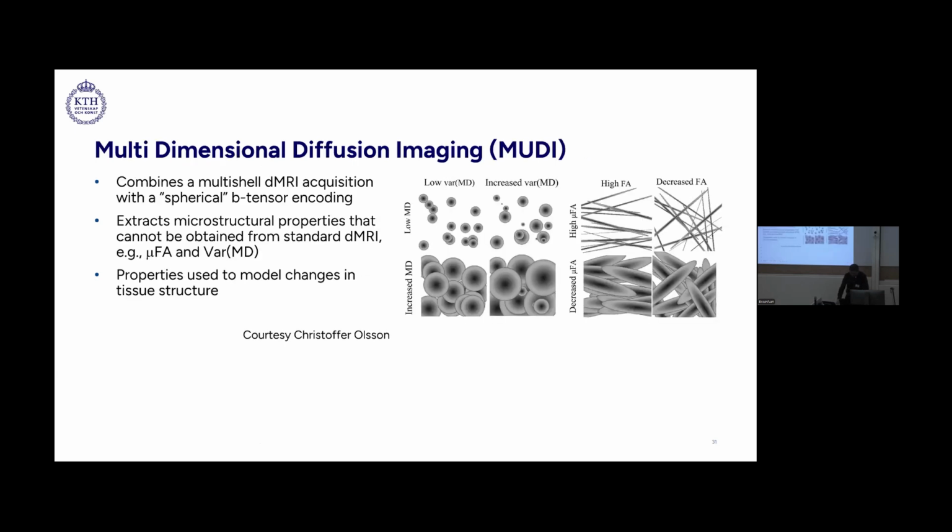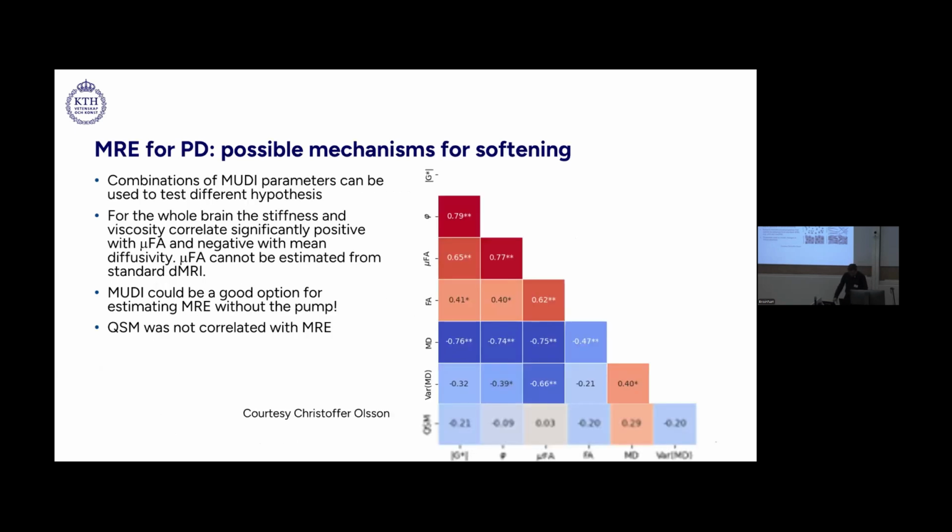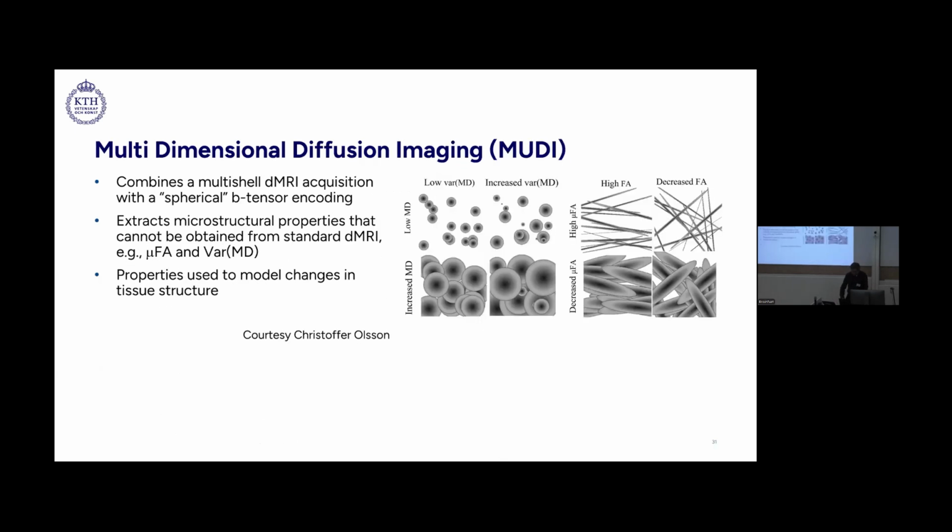Multidimensional diffusion. It's a nice technique that was actually developed in Lund. So there are people from Lund here, so that's nice. It can be seen like an advanced diffusion MRI. In normal diffusion MRI, you just acquire b-vectors and b-values.